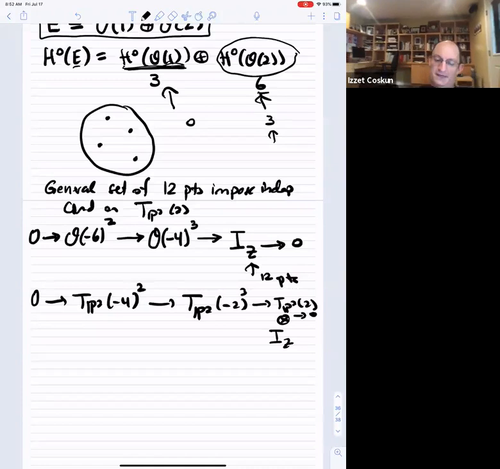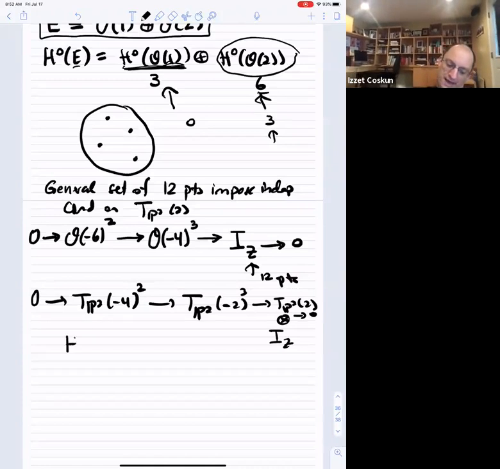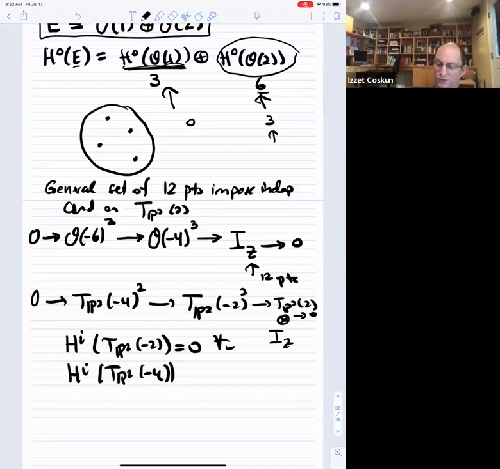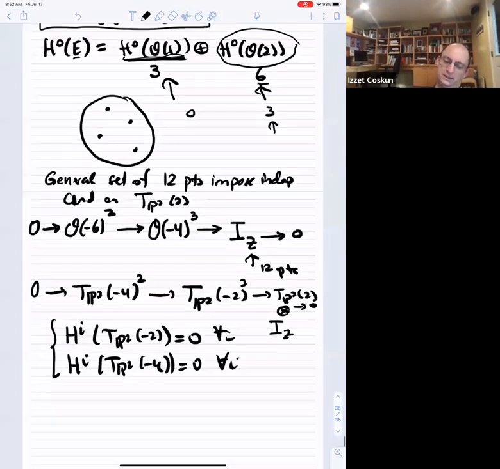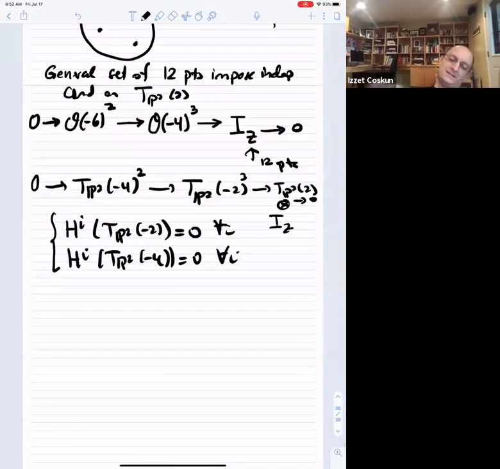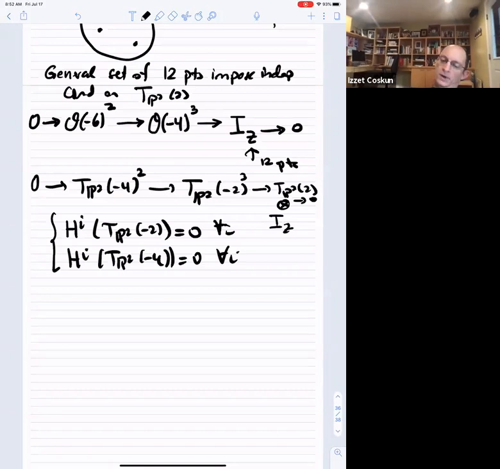Now the key point here is that HI of TP2 of -2 is 0 for all I, and HI of TP2 of -4 is also 0 for all I. You can check these things easily using the Euler sequence. And then, because all the cohomology here vanishes, the cohomology here has to vanish as well.